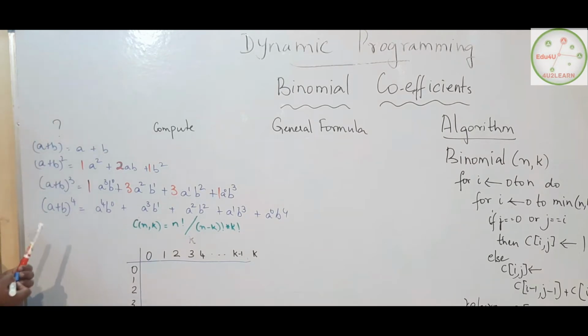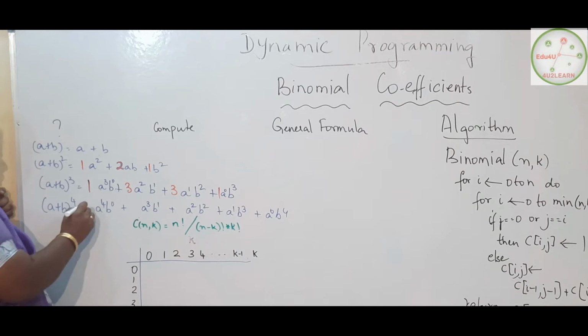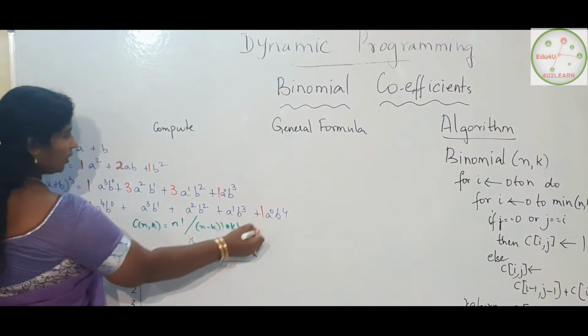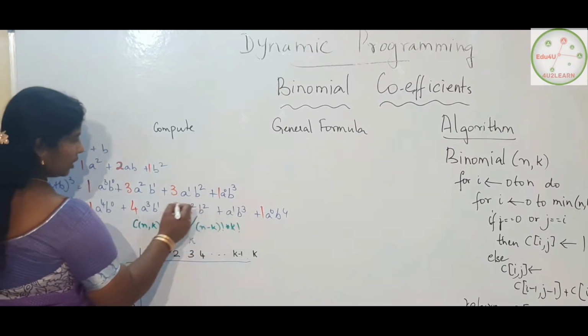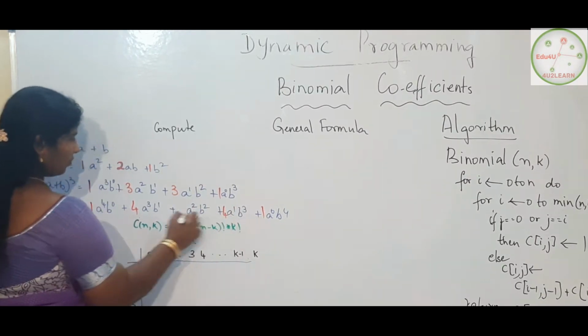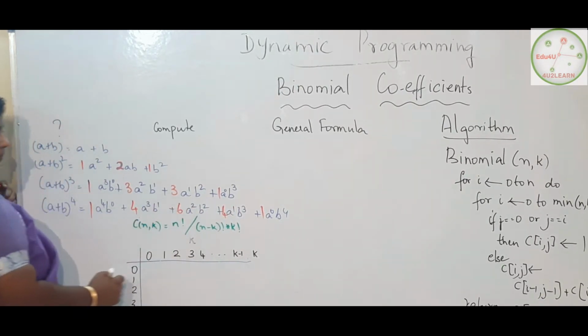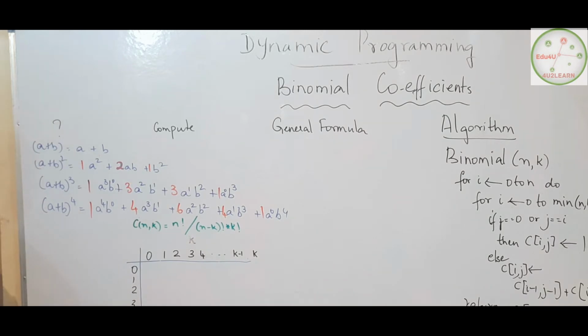This could be the factor, and what could be the numbers? Here we will have 1 and here too we will have 1. This is going to be 4, this is also going to be 4, and this will be 6. So how do we normally calculate it? We will quickly look into it.